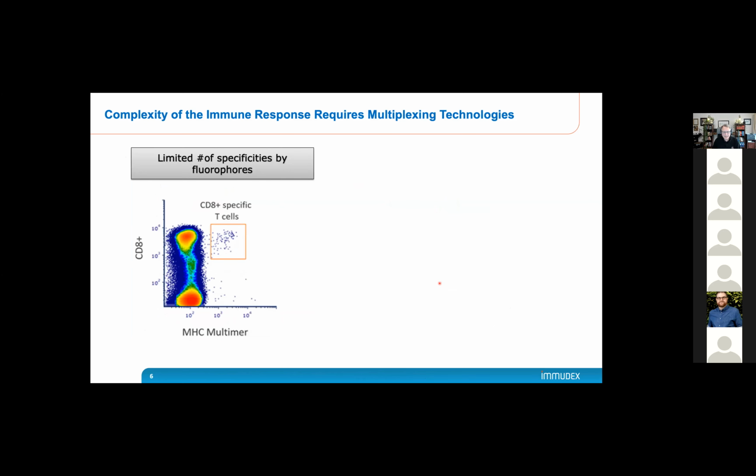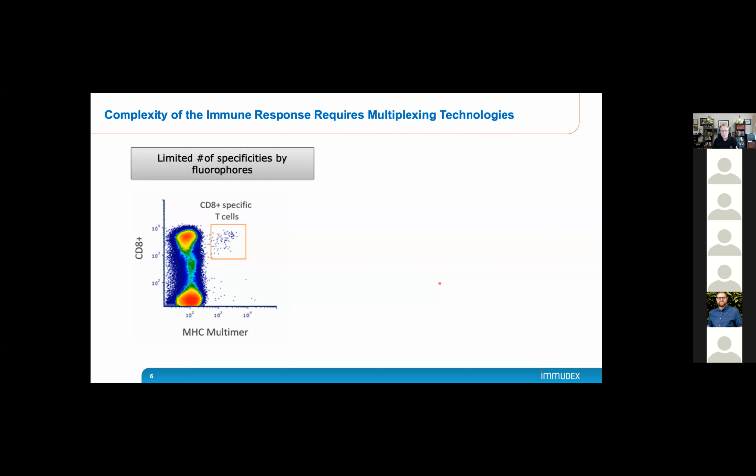All right, so here, this meeting is a perfect example. We just saw the OMIP 69 publication listed, and we can see now that 40 colors, maybe even 50 in the future of flow cytometry, is still unusual, but not unheard of in our space, right?